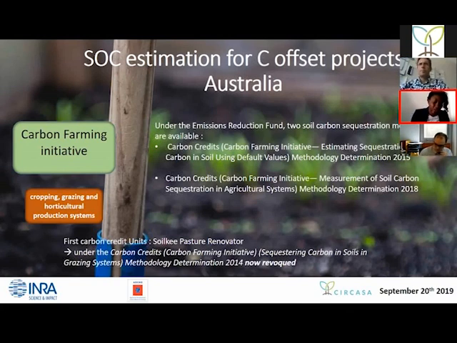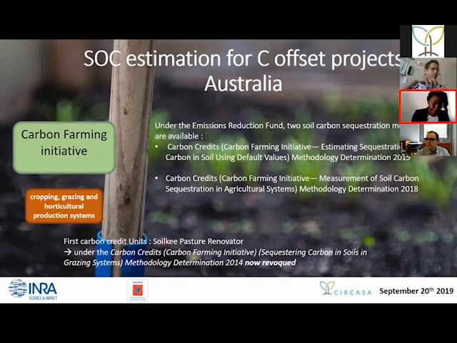These two methods are not the only ones. There was another method, the methodology determination 2014, which is now revoked, but had led to the first carbon credit units attributed to the Soil Key Pasture Renovator project. This was in May 2019, a few months ago.